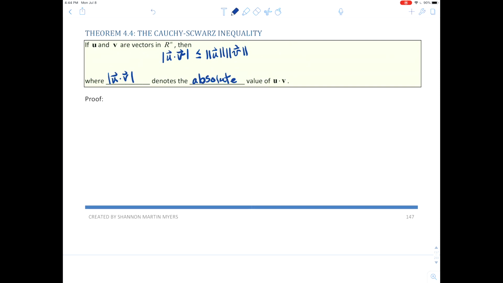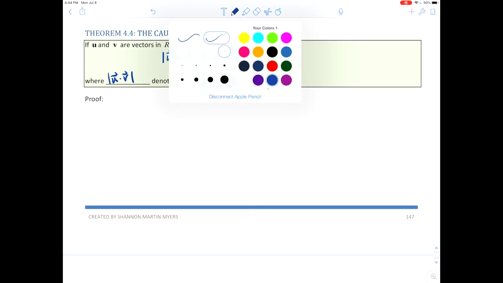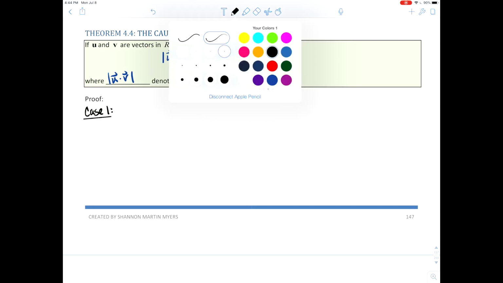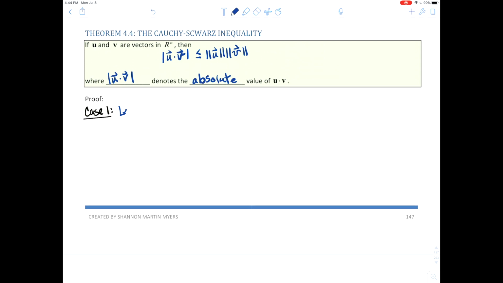Okay, so let's look at the proof. We're going to have a couple of cases. Case 1, we'll assume that u is the 0 vector. Then the absolute value of the dot product between u and v is going to end up being the dot product of the 0 vector and v.